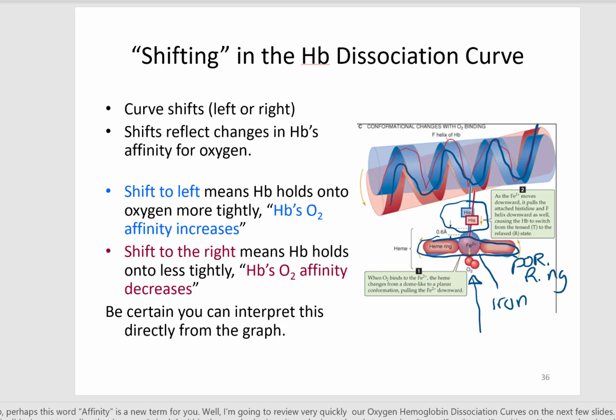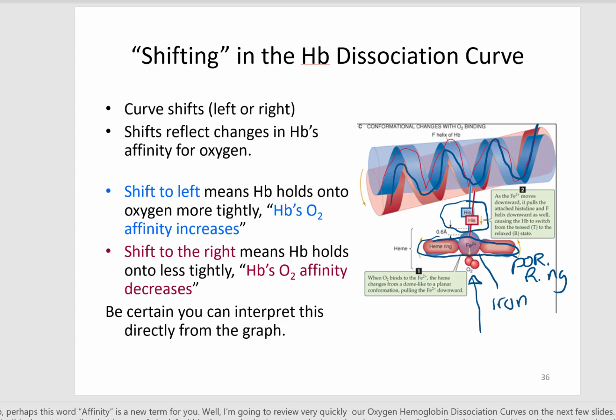Maybe you need to sit in a different position. So that's called a conformational change. When there's a conformational change in these globin chains, there is also a conformation change in the positioning of iron in this porphyrin ring.